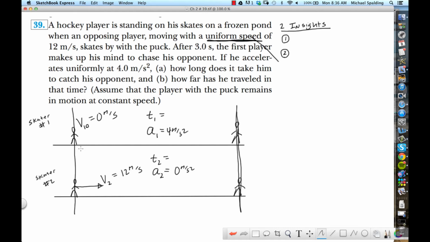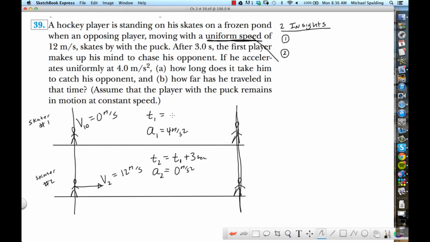Yeah, he's moving. So we need to put this into equation form. So what can we say about T2? T2, the time of motion for skater 2, is going to be equal to the time of motion for skater 1 plus 3 seconds.